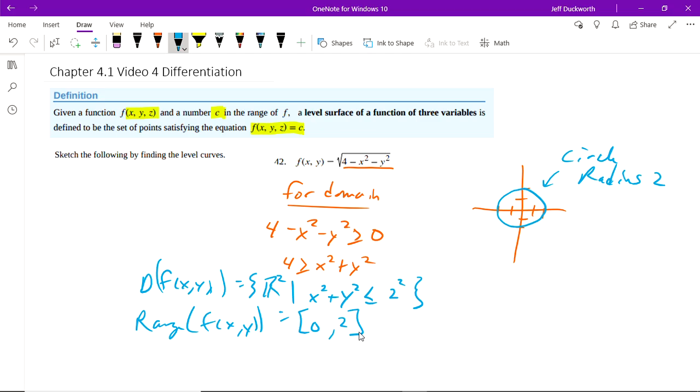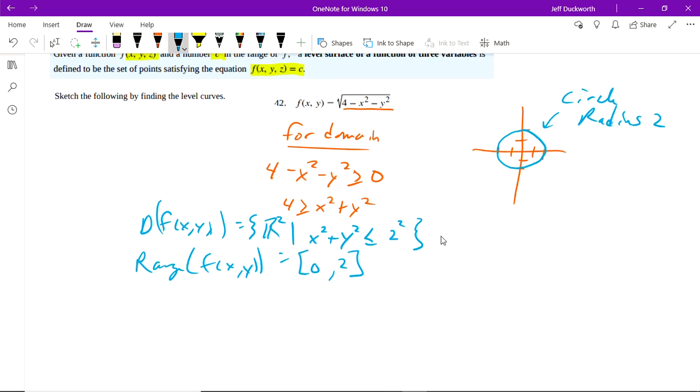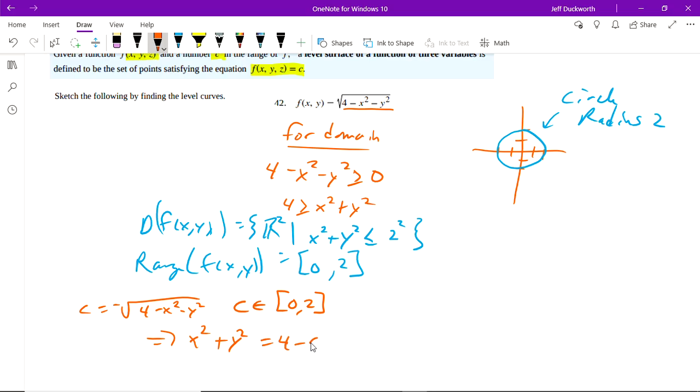All right, so we set our c equal to the function. This really means, again, we're dealing with third variable here, so really our x squared plus y squared equals some 4 minus our c squared.